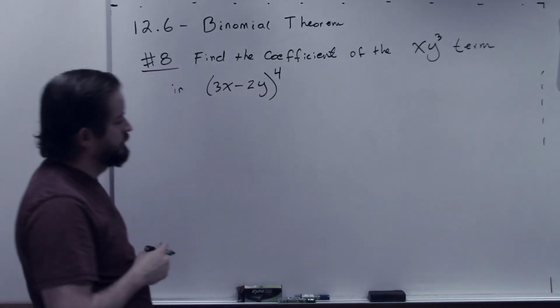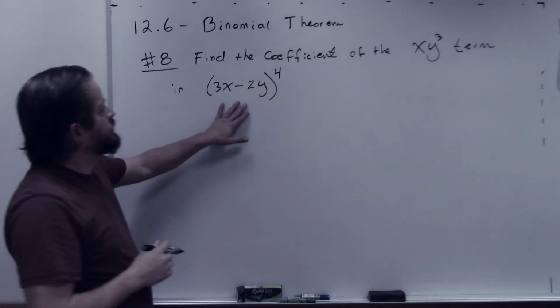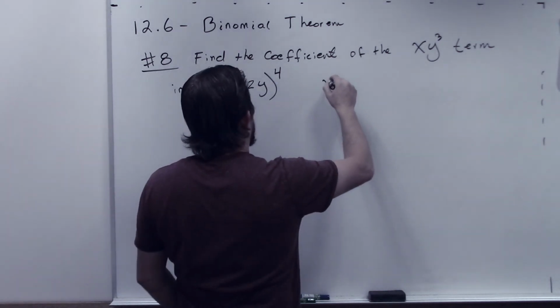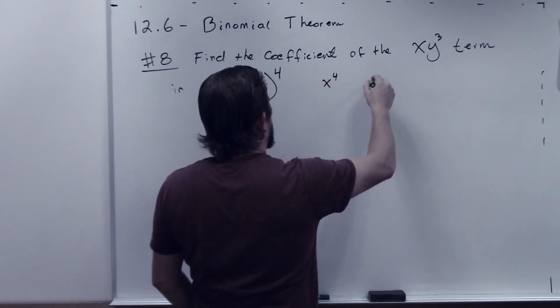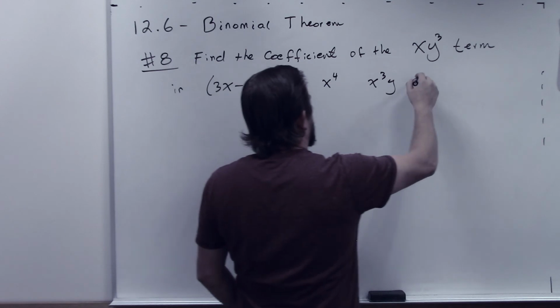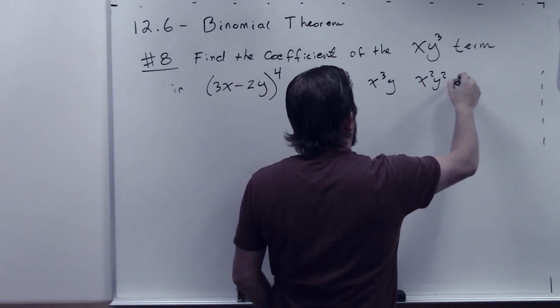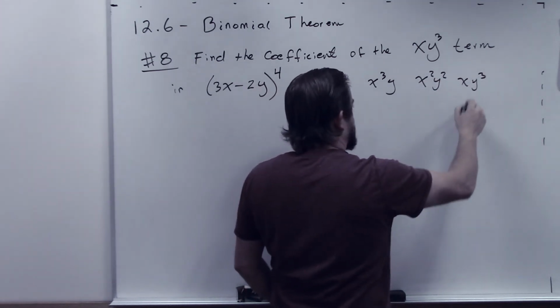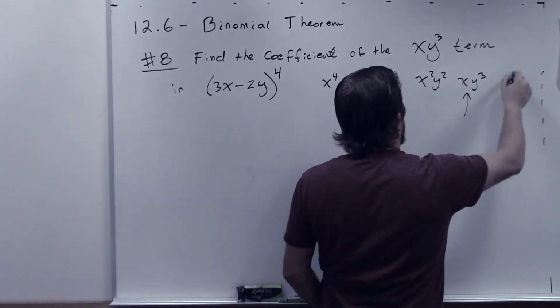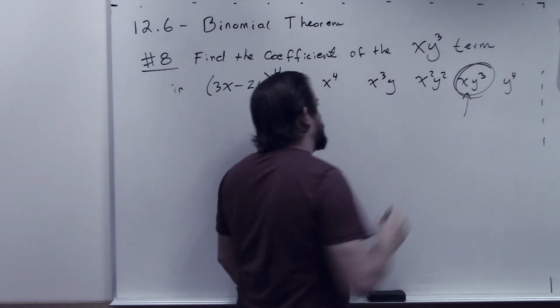Okay. All right. So if I expanded this out, again, I would end up with some x to the 4th, y to the 0, x to the 3rd, y, x squared, y squared, x, y to the 3rd. That's the one we're looking for, and then a y to the 4th term. Right? Okay.